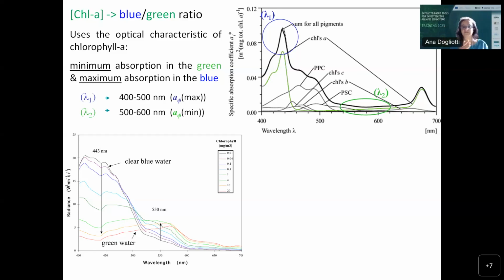When they took the second derivative of the reflectance, they found a slight difference between chlorophyll A and C, so they can detect it in that specific condition. But with this type of algorithm, it's not possible to differentiate. It's just total chlorophyll or phytoplankton, basically chlorophyll A, because of the peak of the absorption of chlorophyll A.